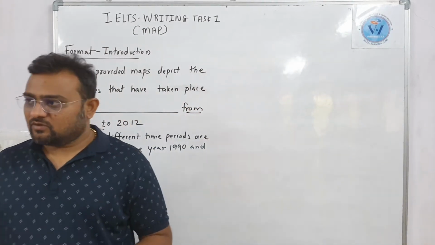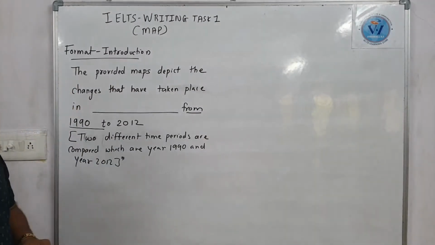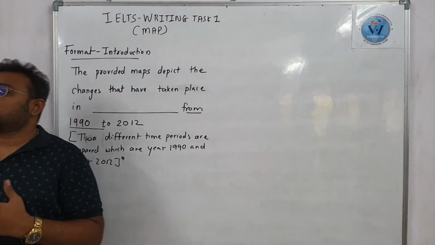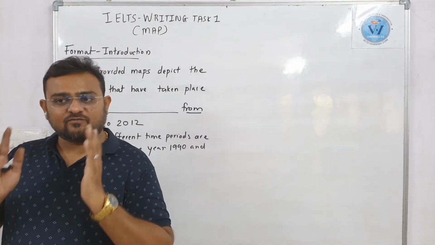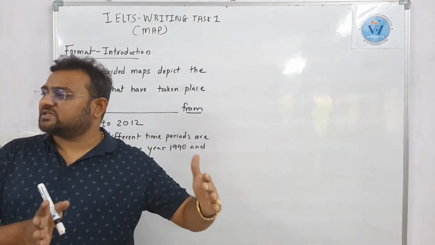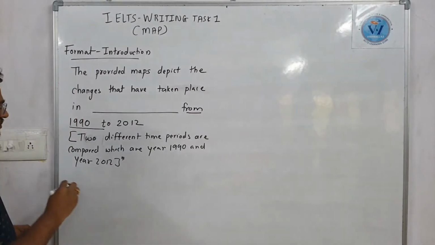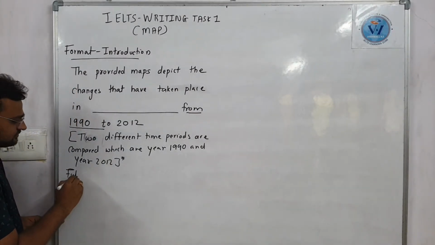Clear? Okay, now if it is about the future, sometimes one map is given of the present and another map is given of the future. So see the format for a future map.